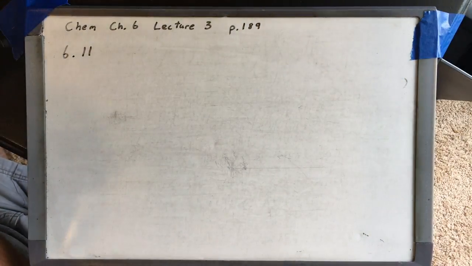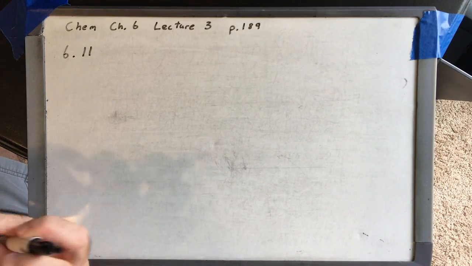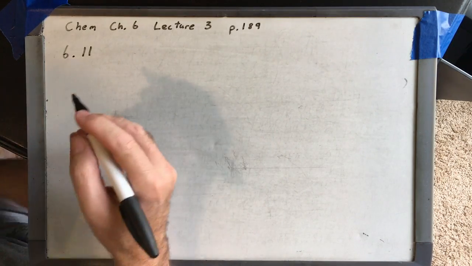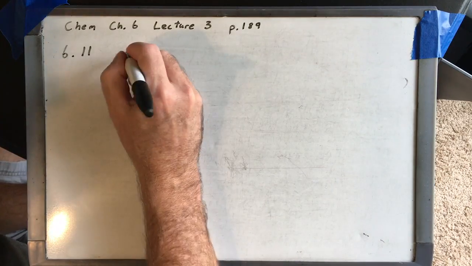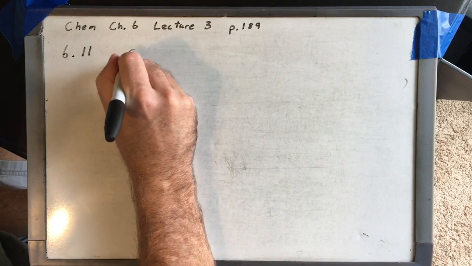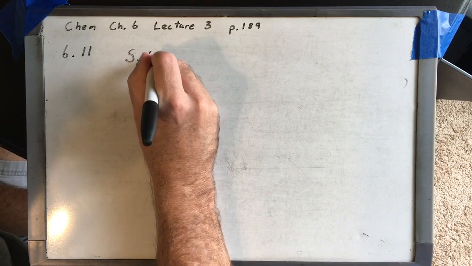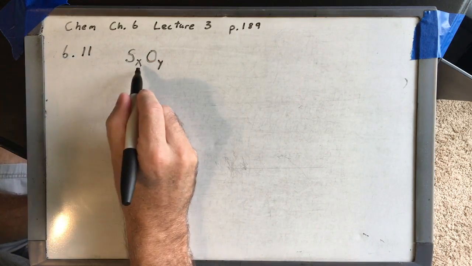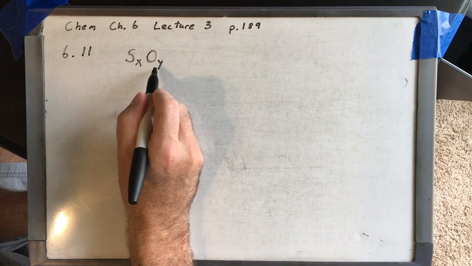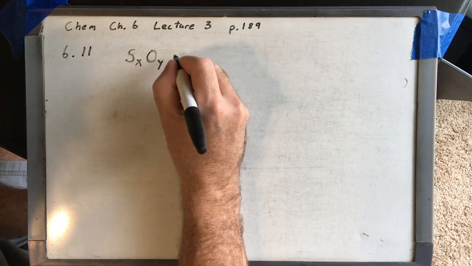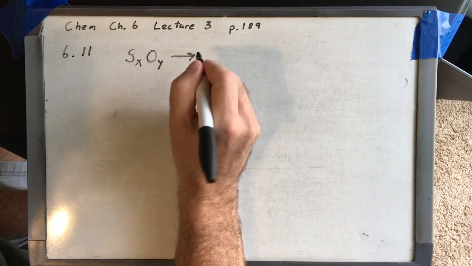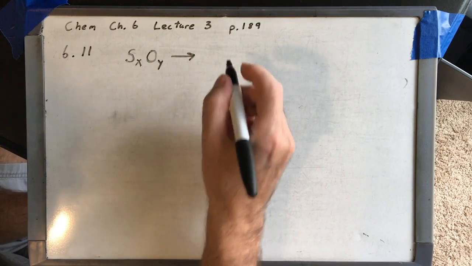So we have to use our knowledge about a decomposition reaction. It's been decomposed into sulfur and oxygen. So you put the compound formula on the left. We don't know what the subscripts are. That's what we're trying to figure out to get this empirical formula. So SxOy, that's what we're solving for.